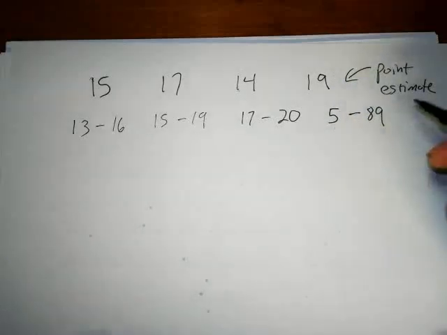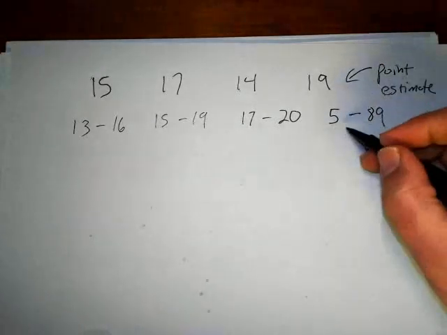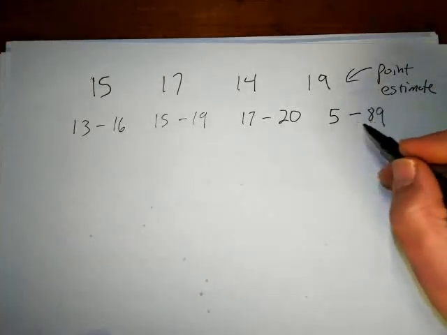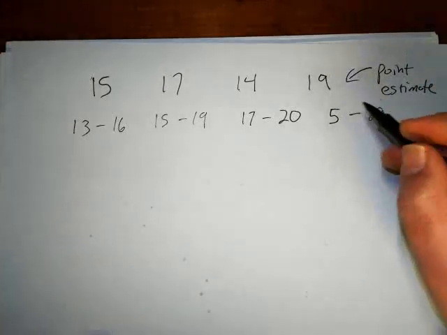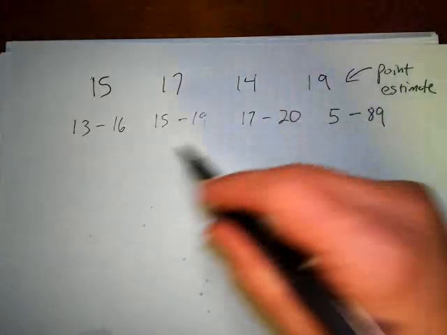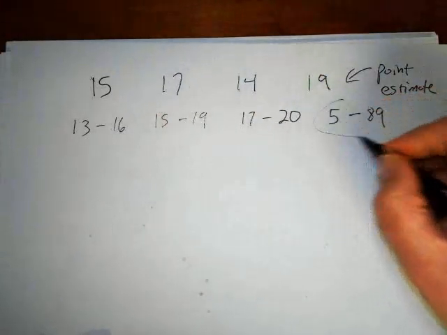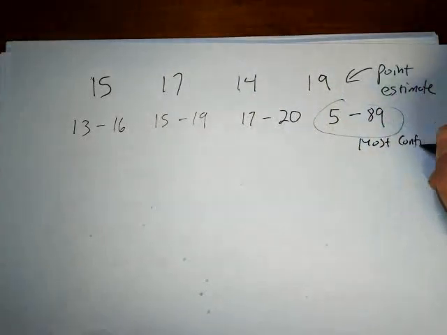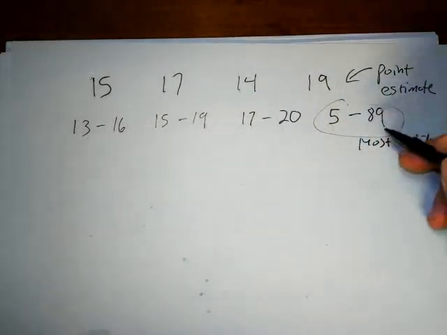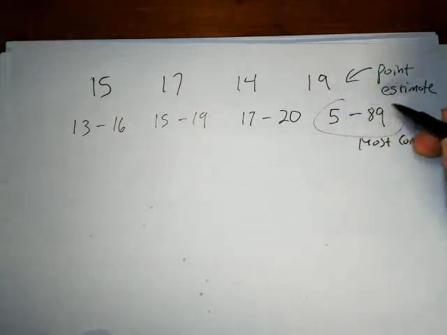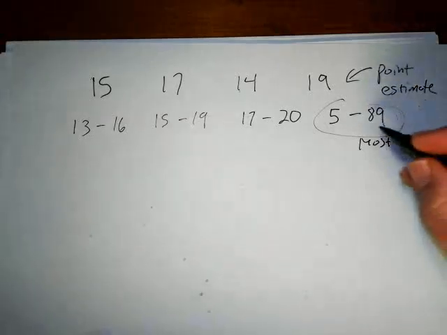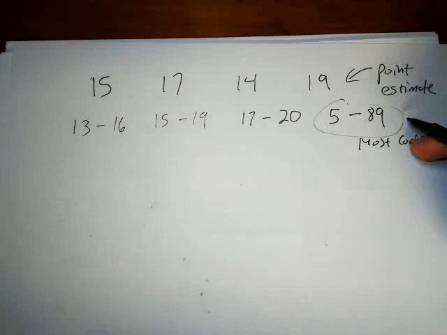Of course I'm somewhere between 5 and 89 years old, but that doesn't tell you very much information, right? So in one sense, this is actually the best estimate of all of them here, because this estimate I'm actually the most confident in. And that's a good thing. I have almost 100% confidence. I probably do have 100% confidence that I'm somewhere between 5 and 89 years old. Okay? But it's not a very good estimate.